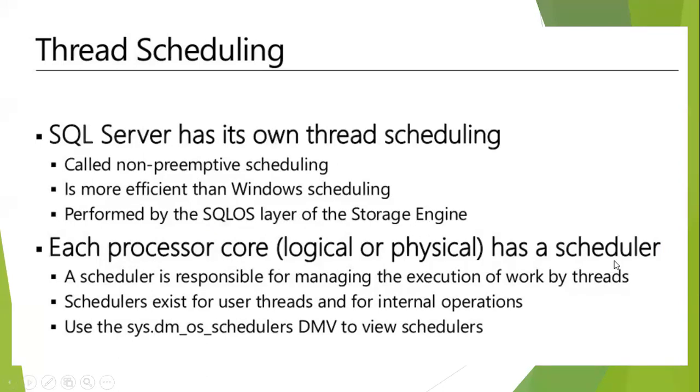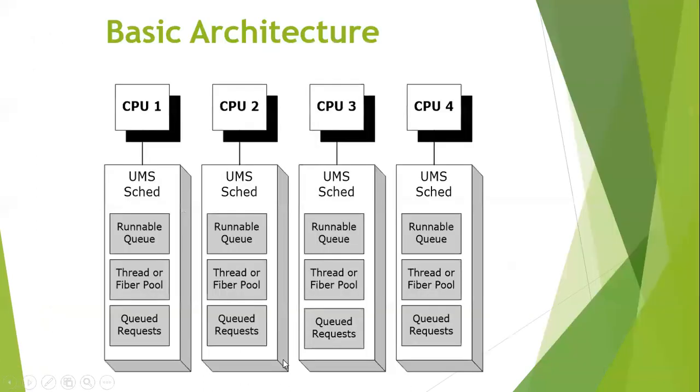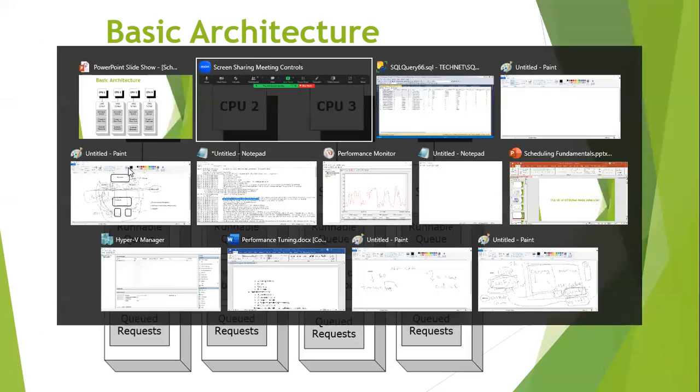Each processor core has a scheduler, as we discussed. sys.dm_os_schedulers is the DMV for the schedulers that we have. These are the basic scheduling queues that we have in each CPU.